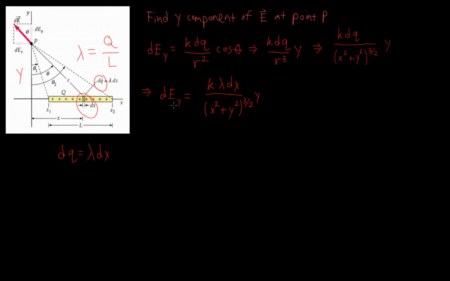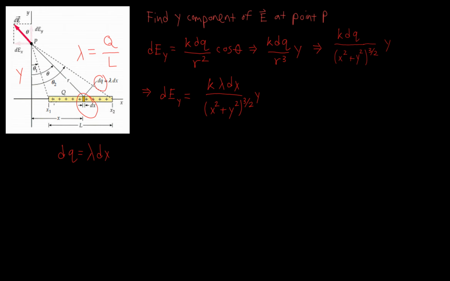And if we integrate both sides, we would get the electric field at point P in the y direction for the entire line charge. This expression right here only gives us the electric field in the y direction due to the small segment of charge on the line charge.